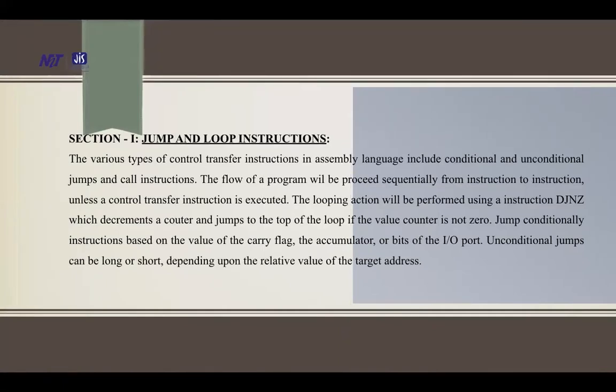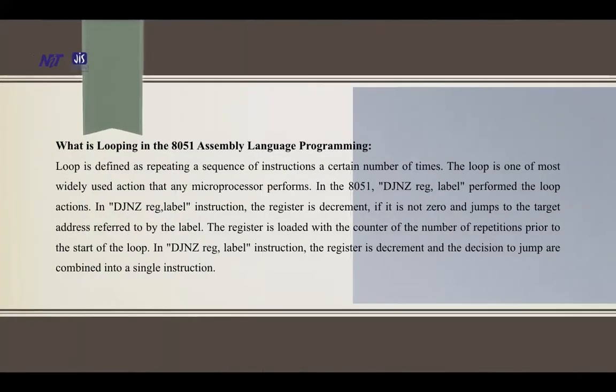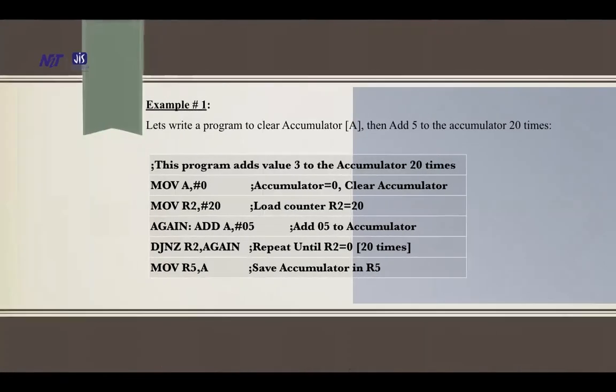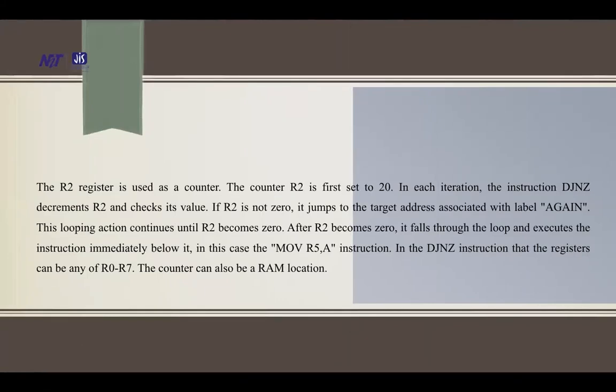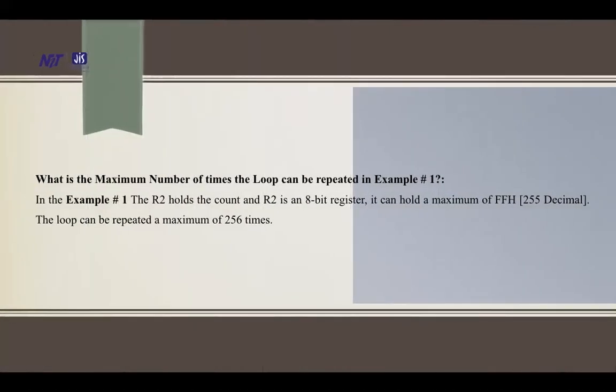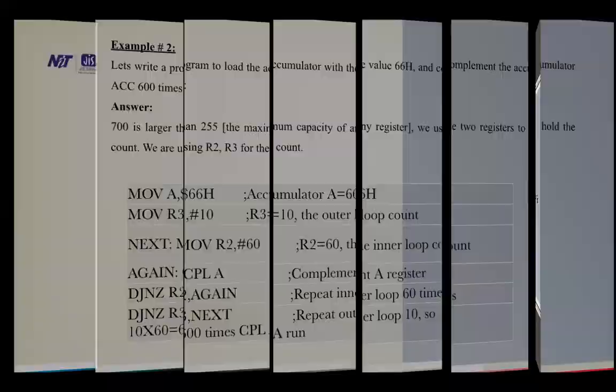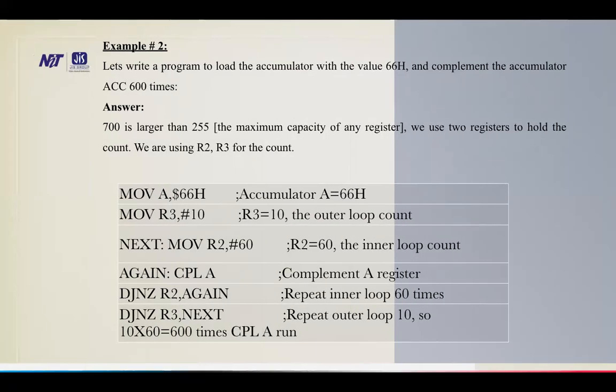Loop, jump instructions, how they are used. DJNZ, JNZ, what is the difference, how they are used, and where the address goes and details of that, it was shown.